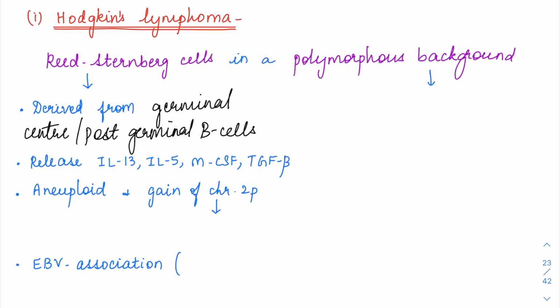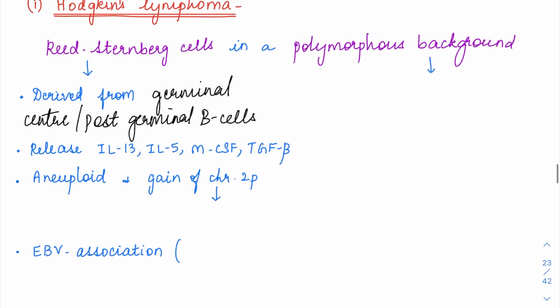These Reed-Sternberg cells are going to secrete some interleukins and cytokines like interleukin 13, interleukin 5, macrophage colony stimulating factor, and TGF beta. All of these are in turn going to recruit the inflammatory cells, and those inflammatory cells compose the polymorphous background.